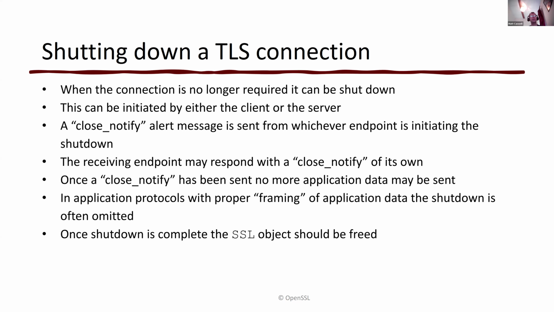And the way that happens is a TLS protocol message is sent. A close notify alert message in particular is sent. And that just indicates that the endpoint is shutting down in a graceful way. So either endpoint can send that, and then the other endpoint can reply with its own close notify.